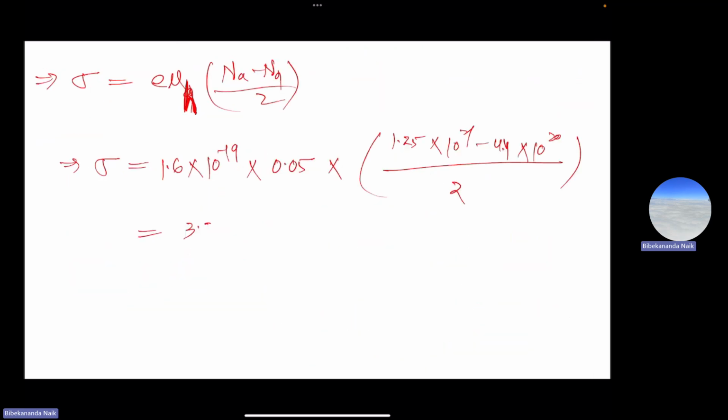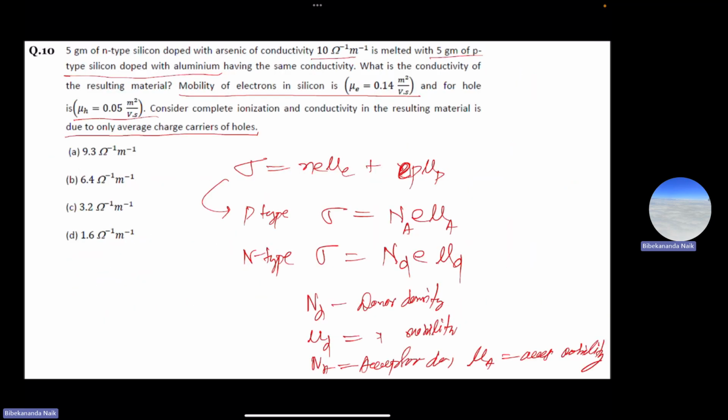If you calculate, it will come out to 3.2 ohm inverse meter inverse. So the conductivity of the resultant material will be 3.2 ohm inverse meter inverse.